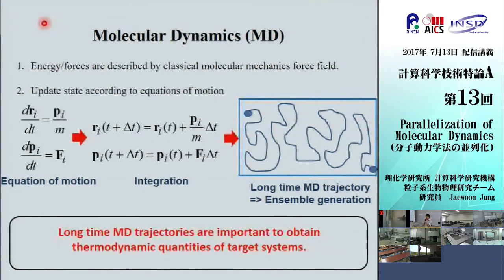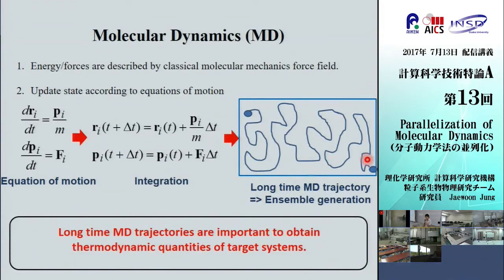And once we calculate energy and force, we update the coordinates and momentum according to this equation of motion. And from this equation of motion, we can propagate coordinates and momentum using this integration. By doing this kind of integration, we can find long-time MD trajectories.